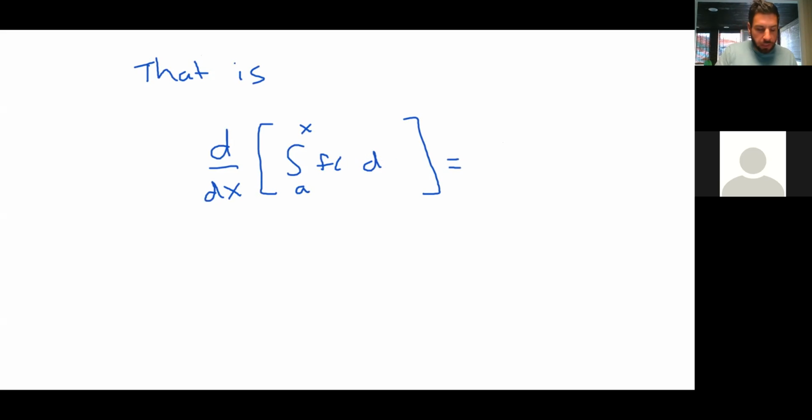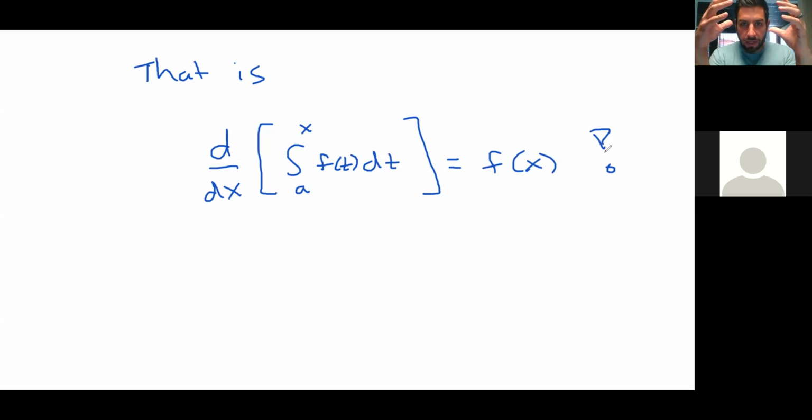If I differentiate an integral, I just get what I started with. Remember, we work from the inside out. The first thing I'm doing to f is I'm integrating it. And then after I integrate it, then I'm differentiating it. And this formula tells me that I get what I start with. It's crazy.